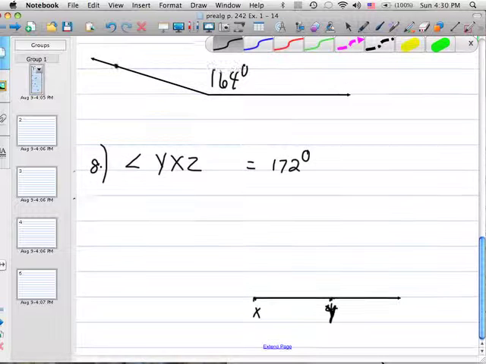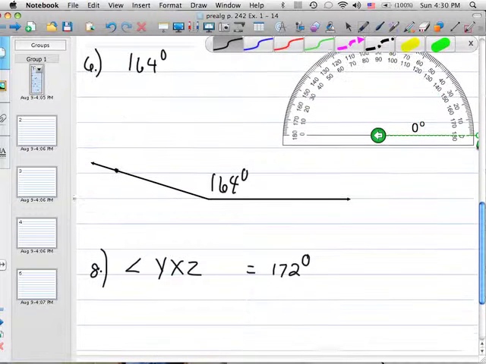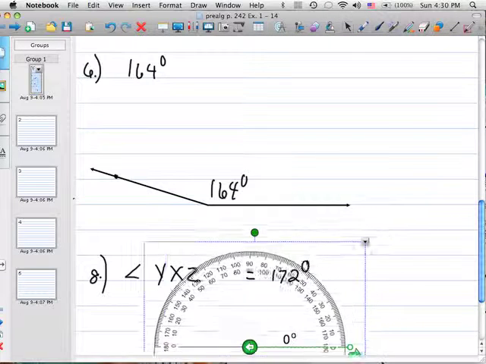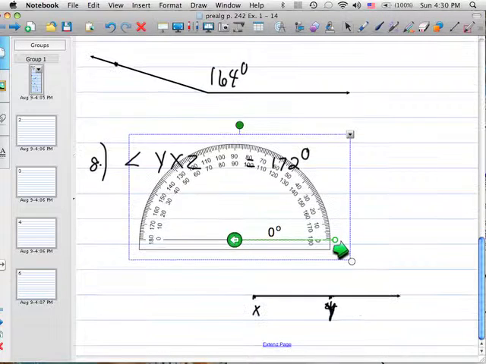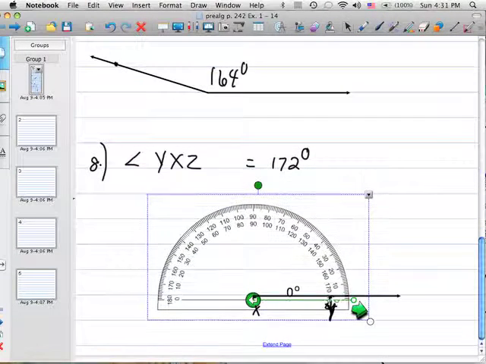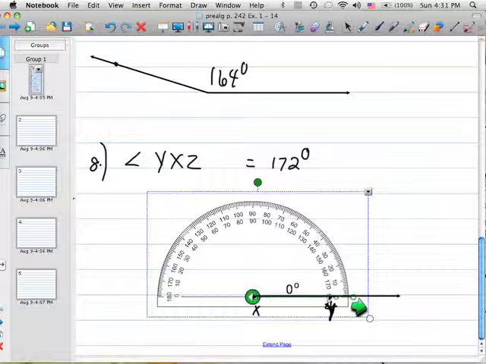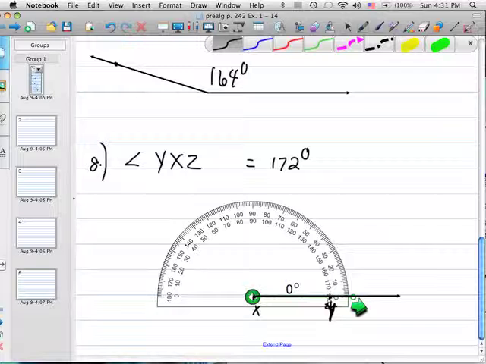Okay, finding my protractor, and bring it down. Put the center of it on the vertex X. Line up 0 degrees. And I need to find 172 degrees. Reading from the top, 0 over here is 160, 170, 172 is about here.